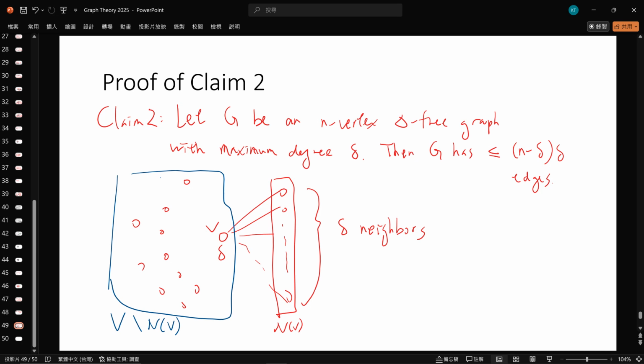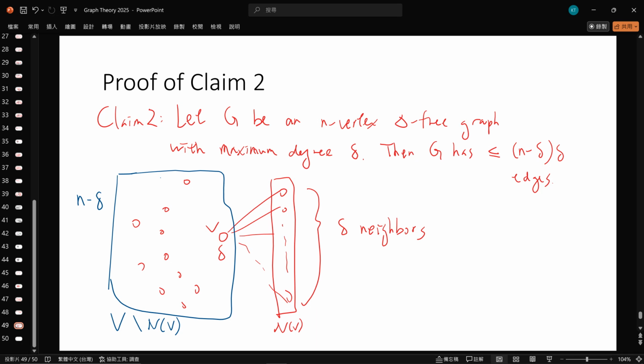So if you look at this product, what is the physical meaning of n minus delta for this picture? So what is the size of this blue set? n minus delta, okay? Right, because n is just the number of vertices in the whole graph, and delta is just the size of n of V, okay?